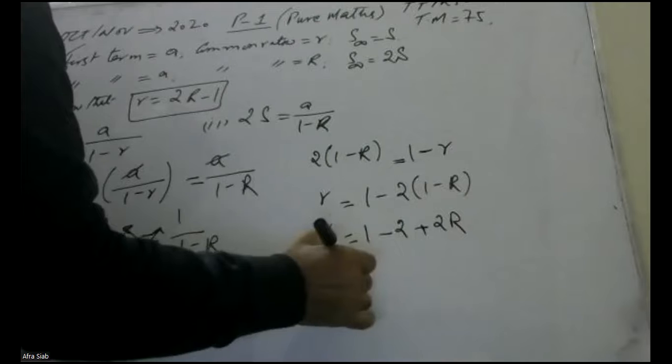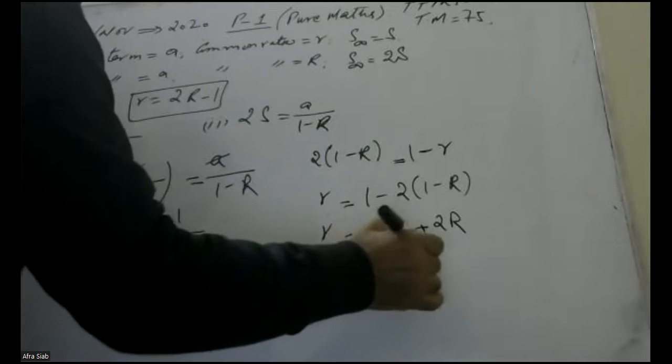Or capital R is equal to 2R minus 1. And this thing we have to show in part 1 of this question number 8.